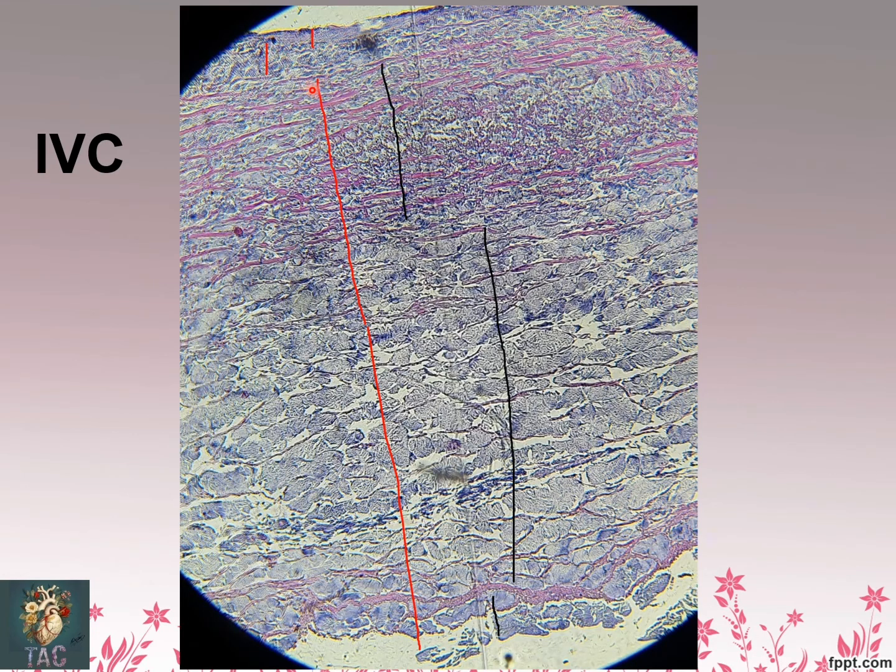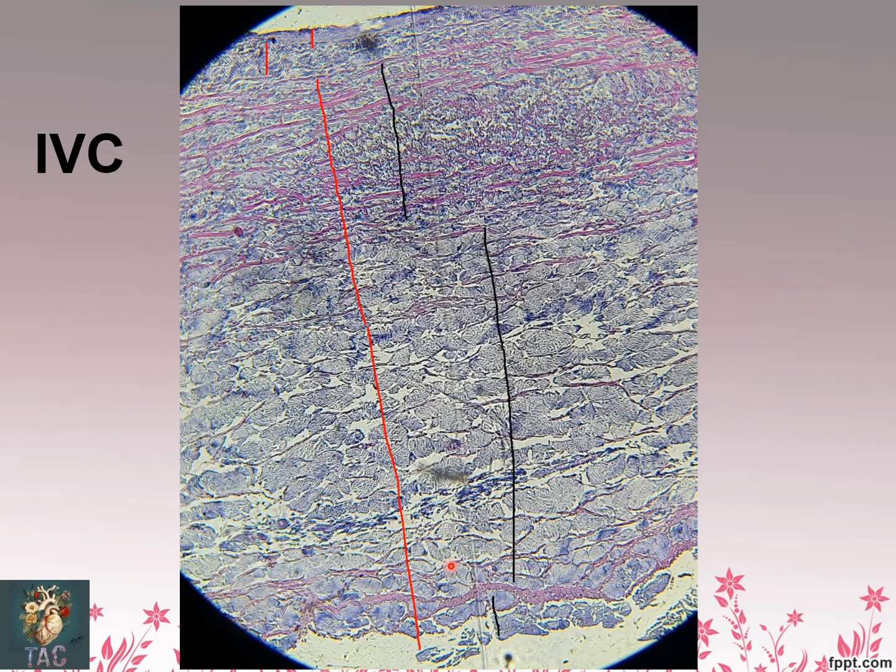Then tunica adventitia and its three zones: the inner zone, which mainly consists of collagen and elastic fibers, and the middle zone, which contains bundles of smooth muscle fibers, and these smooth muscle cells are longitudinally arranged. So you can see the cross section of these smooth muscle cells in this middle zone of the adventitia. And outer to this is the outer zone, where again elastic and collagen fibers are present.